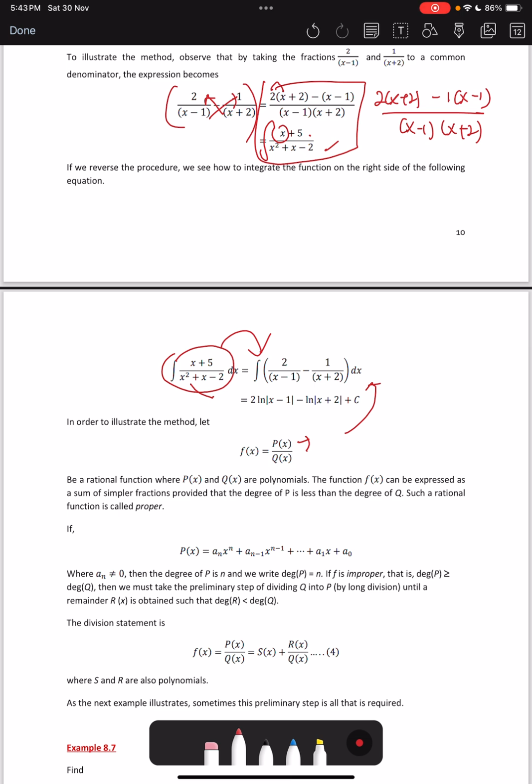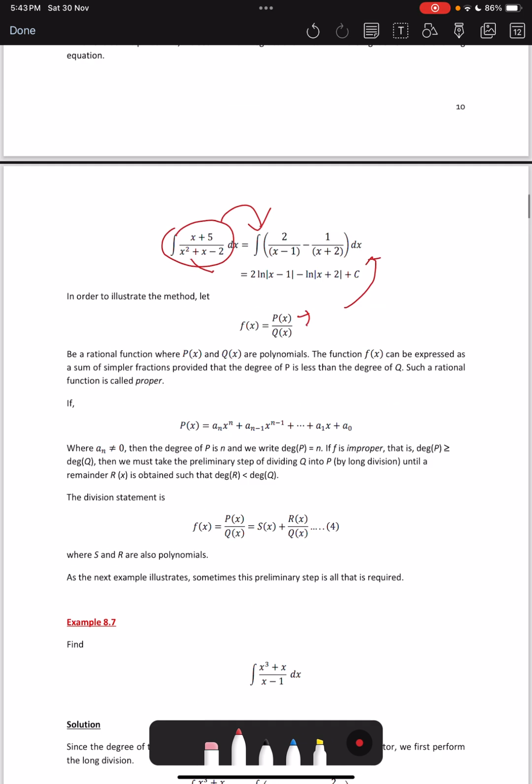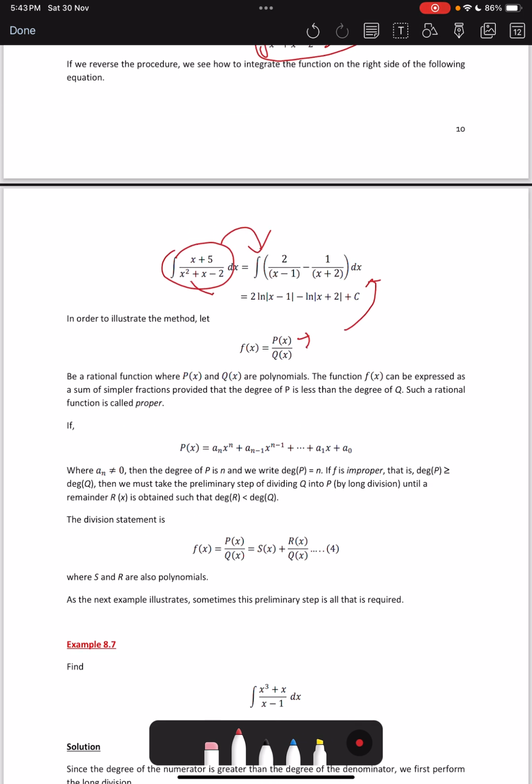Okay, so let's look at the example here. When we have the function as shown here in terms of a fraction, we solve it by conducting the division of that fraction, and then we make it simpler as shown here, and then we solve the integration by integrating it, and you get it in terms of ln.